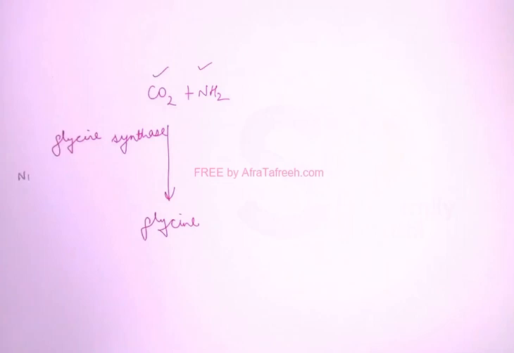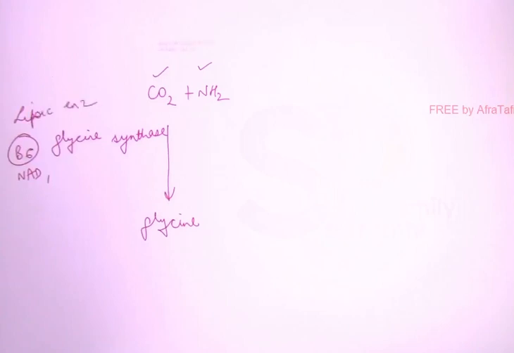So here NAD is required, vitamin B6 is required, lipoic acid is required. It is a multi-enzyme complex. Glycine synthase requires so many coenzymes. Like I told you, link reaction enzyme pyruvate dehydrogenase is a multi-enzyme complex, right?